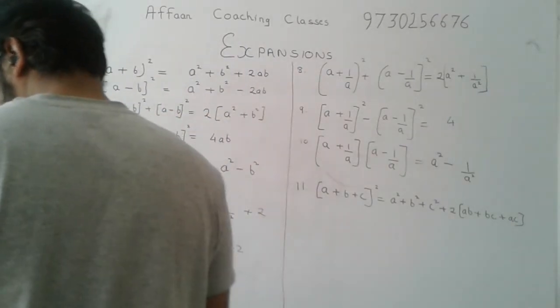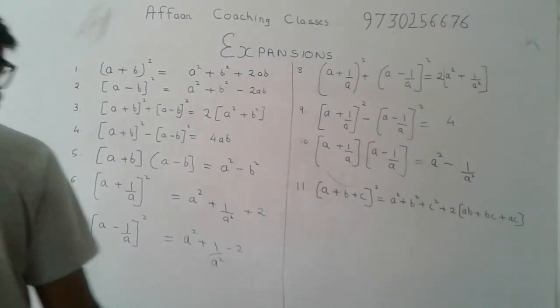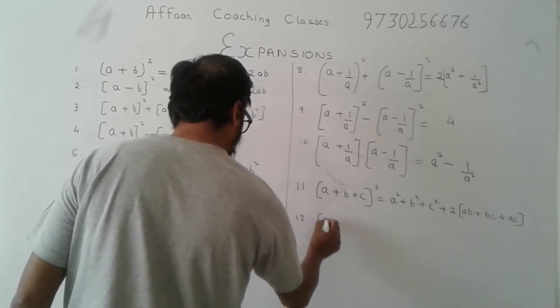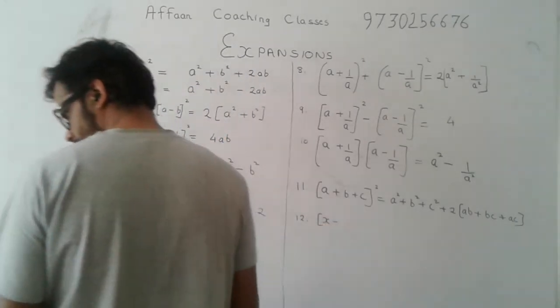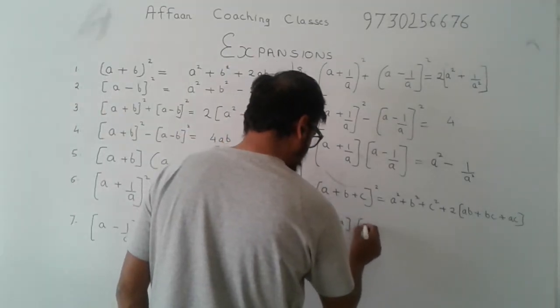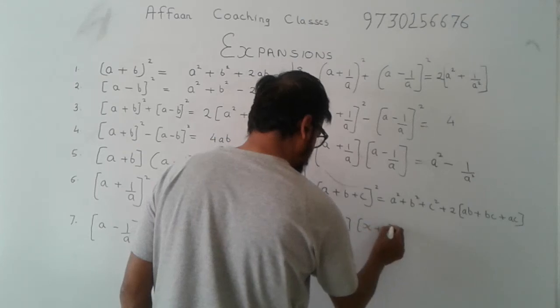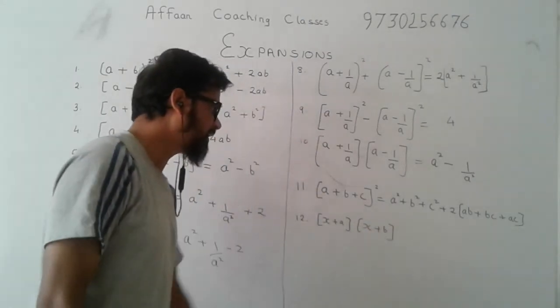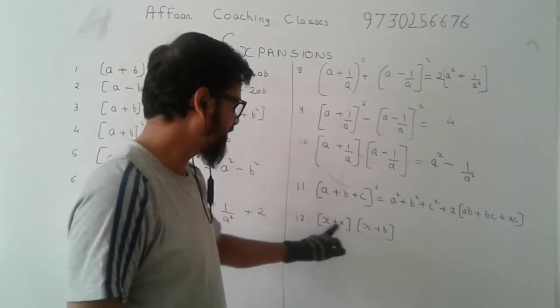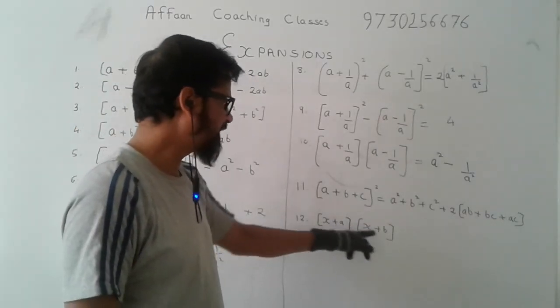Clear? Now, put this: x plus a and x plus b. Now look at the difference. You have one term common in both, that is x, and the second terms are different.